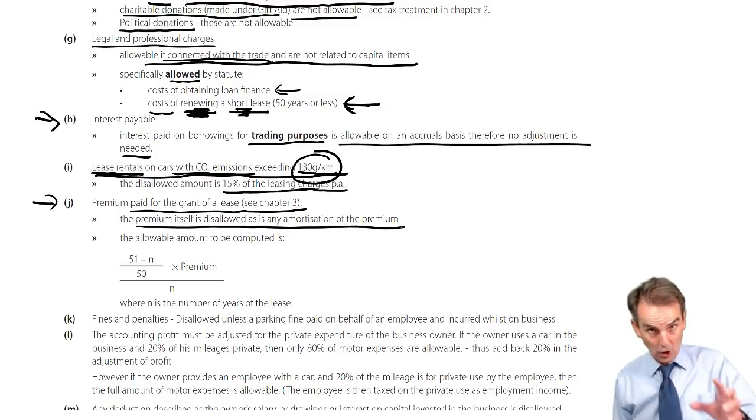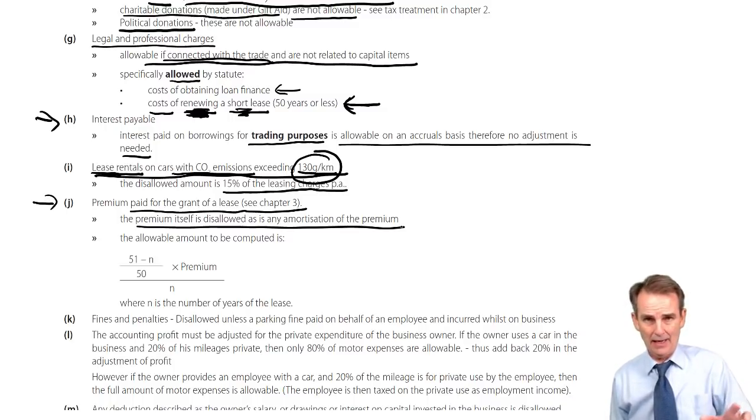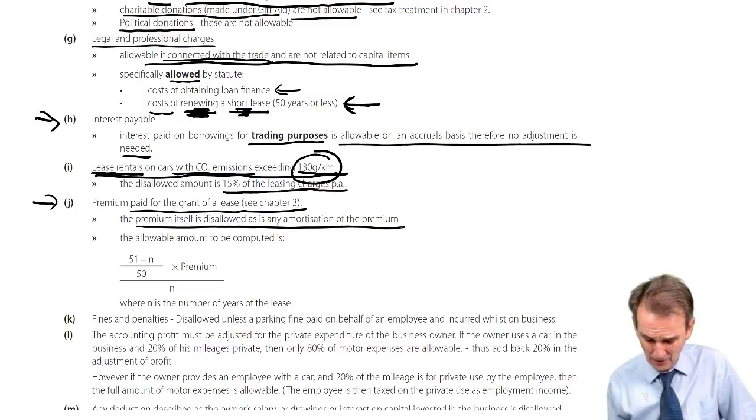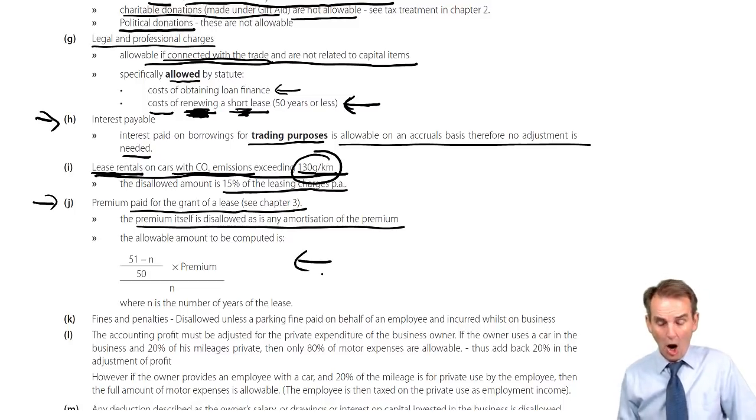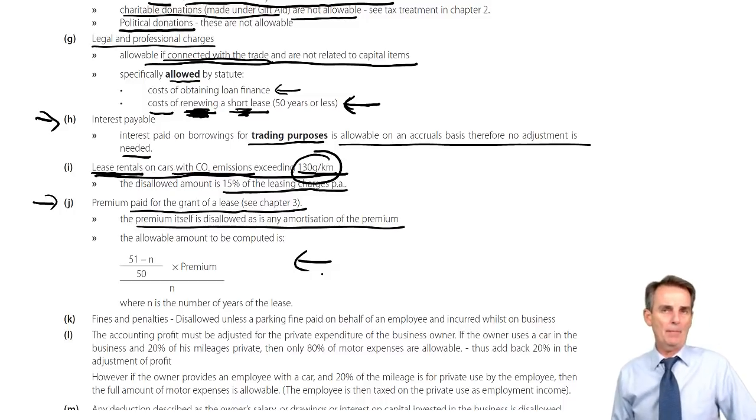So if they put the full cost as the debit in the accounts, add it back. If they put amortization, an accounting version, amortization of the lease, add it back. And replace it with an allowable deduction, which is based on this calculation. Hopefully one that you will remember.